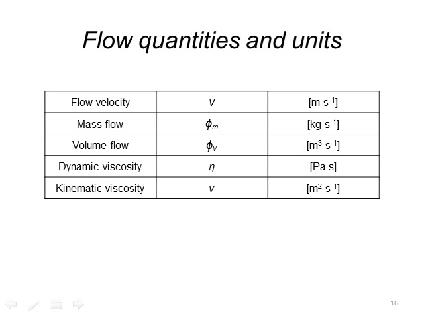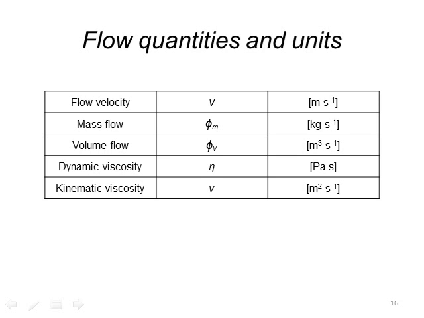So quantities in units of flow: flow velocity, meter per second. Now remember that flow velocity is a vector, and typically when we make measurements of flow speed, we make measurements of a finite quantity. Mass flow, phi sub m, kilogram per second.